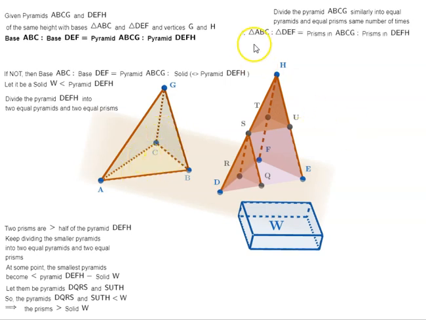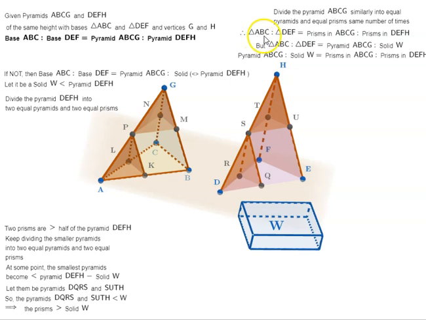Again, we have seen that triangle ABC is to triangle DEF as the prisms in ABCG are to the prisms in DEFH. By the way, I didn't divide this, so let me divide that also. Triangle ABC is to triangle DEF as pyramid ABCG is to solid W. This is our starting assumption.